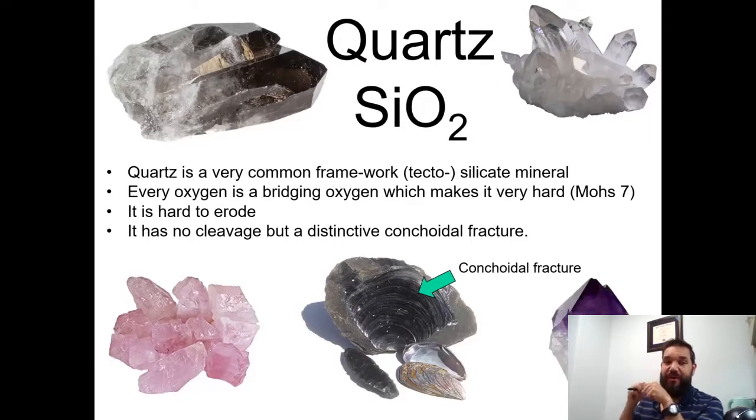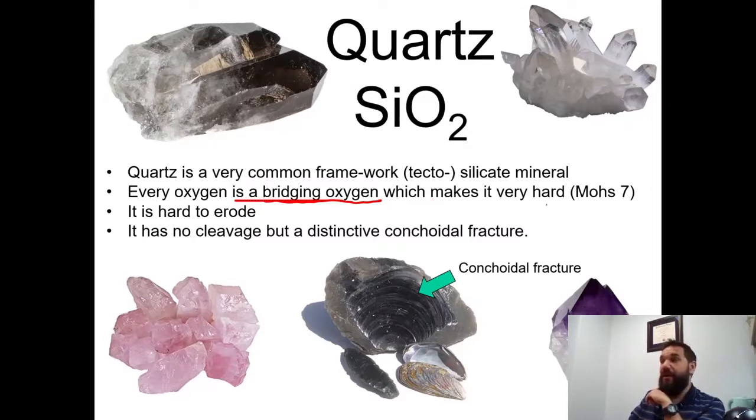Every one of their corners is shared with another silicate tetrahedron. So every oxygen is a bridging oxygen. That means every oxygen of every silicate tetrahedron is bound with another silicate tetrahedron. Every oxygen in it is a bridging oxygen, meaning it has a bridge to the next silicate tetrahedron.